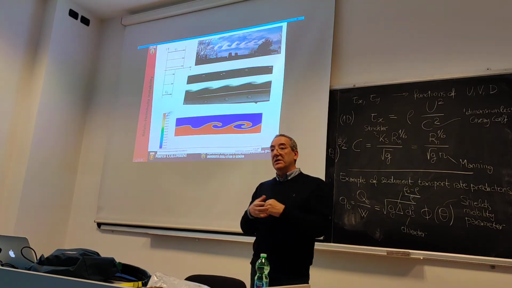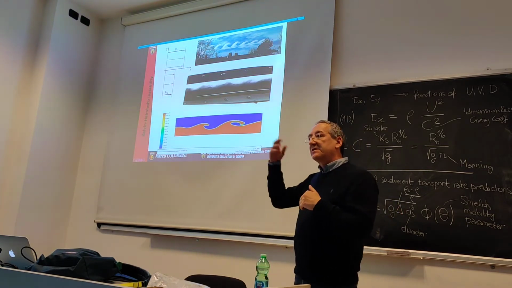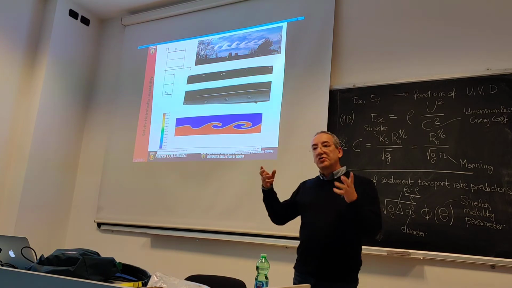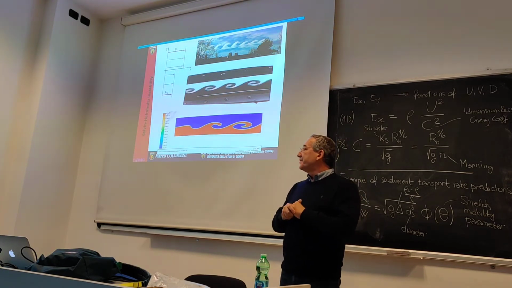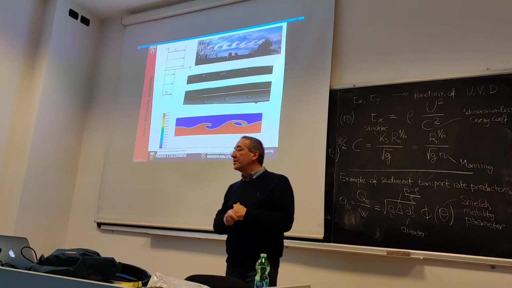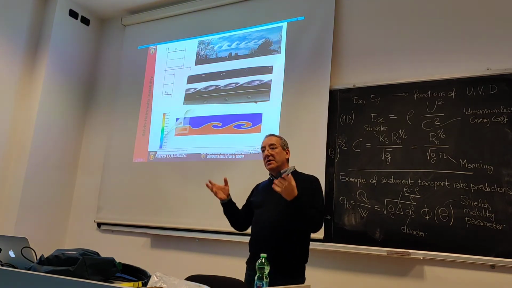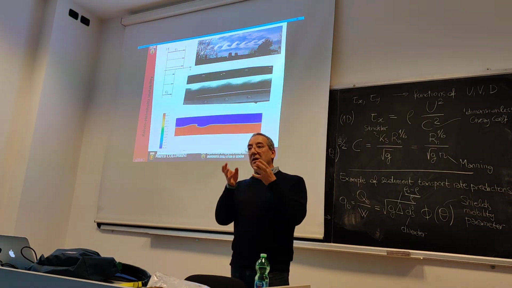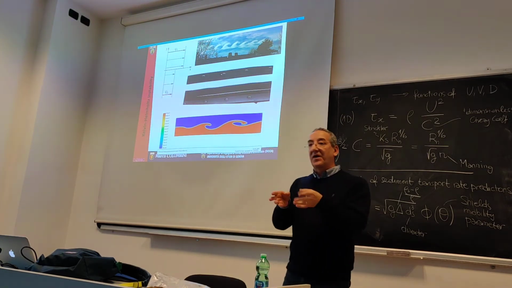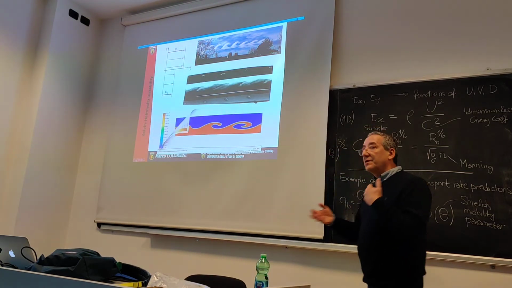If you don't use a refined model for turbulence, which means a nonlinear closure for the Reynolds shear stresses, for those of you who know a little more about fluid mechanics, if you are not introducing in the model that specific refined model of turbulence, you will not be able to see anything. Okay? So it really depends.